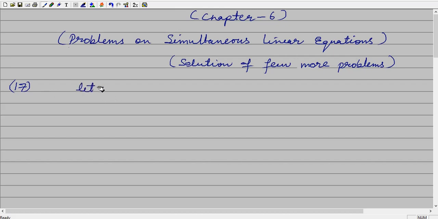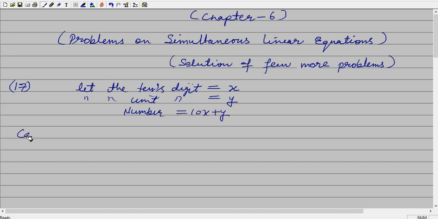First let the tens digit be equal to x, let the unit digit be y, and the 2-digit number means 10x plus y.